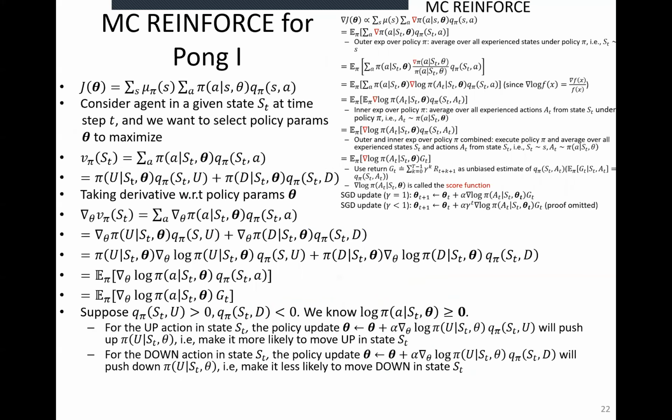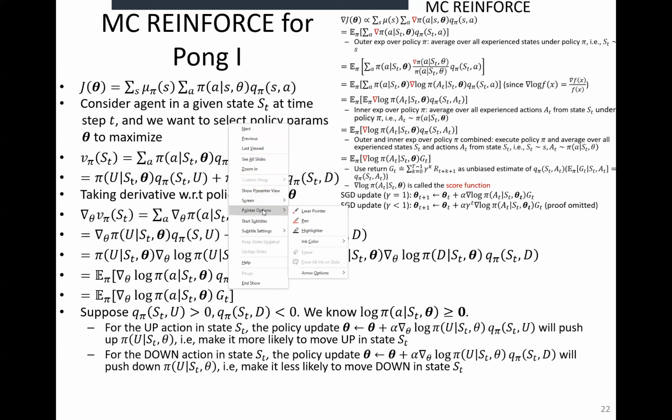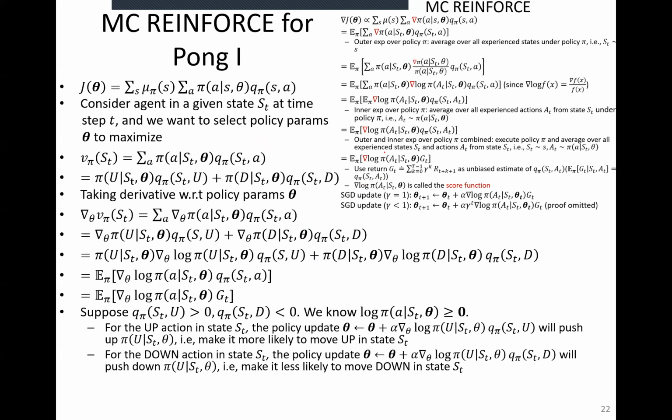So let's plug in the variables for Pong. On the right corner, I showed the previous slide of the general case of MC reinforce. For the Pong case, we have two action choices, up or down. So this is the expanded form for the v expressed in pi.